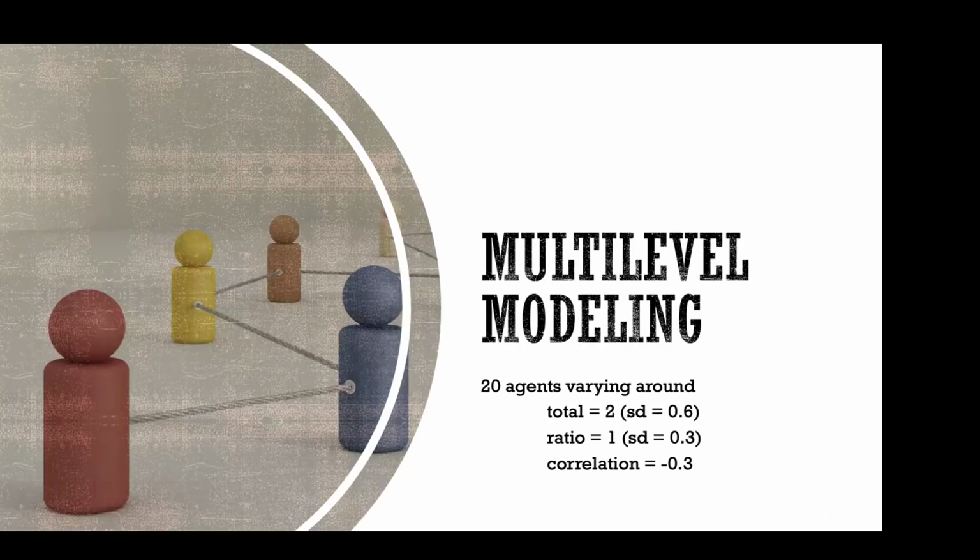And so here I simulate 20 agents that vary along the same population level parameters, a kappa of 2 with a standard deviation of 0.6 and a ratio of 1 with a standard deviation of 0.3. The two parameters at the individual level are correlated, meaning that the higher your total evidence, the lower your ratio, and vice versa.